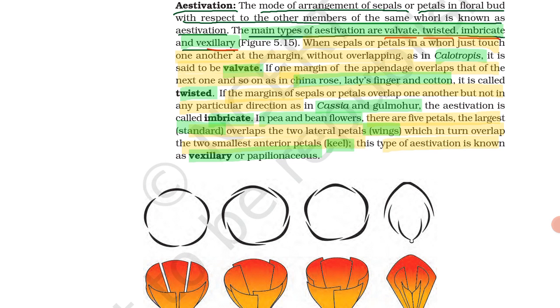This type of aestivation is called vexillary or papilionaceous aestivation. It is seen in pea and bean flowers.